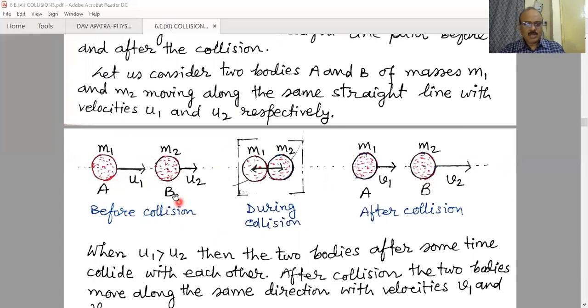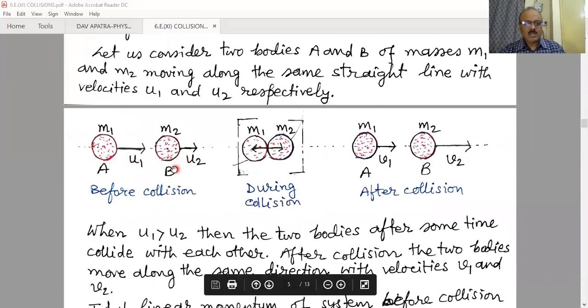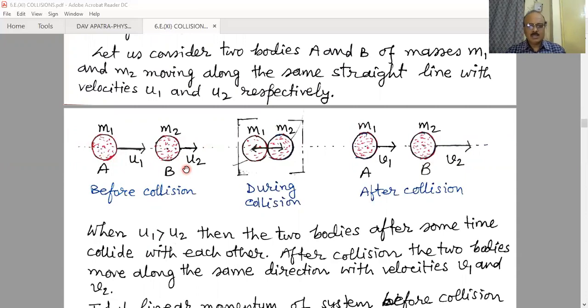Otherwise, the collision will not take place. That means only when U1 is greater than U2 can a collision take place, since they are moving in the same direction. At that time, U1 minus U2 is known as the relative velocity of approach, that is, the relative velocity of A with respect to B.